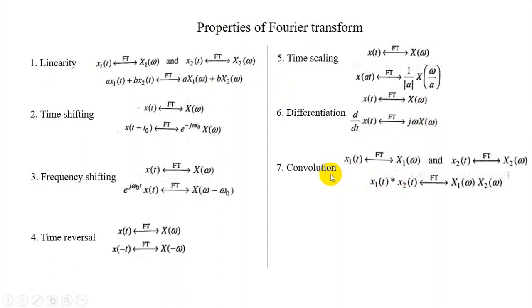Another important one is convolution. In this property you need to perform an operation on two signals or two functions. If you have X1(omega) from x1(t) and X2(omega) from x2(t), and you need to convolve them, this is not a multiplication; you will get the convolution of two signals.